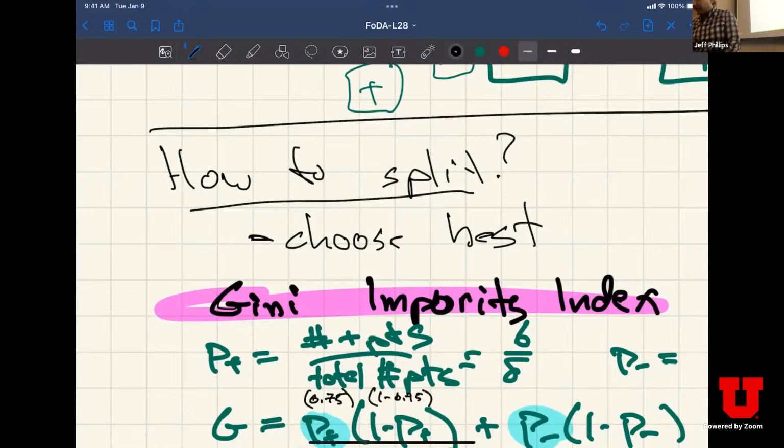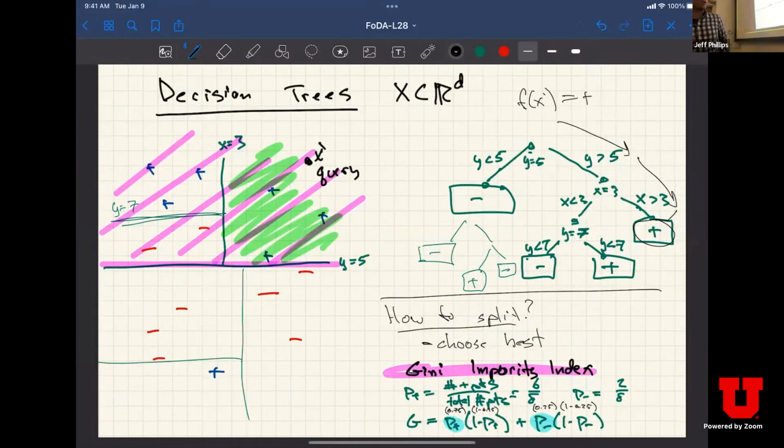The probability I picked a minus point is 0.25, which is lower, but there's a higher probability that it's been misclassified. So this is the overall probability that a point from this region has been misclassified, and I'd like that to be as small as possible.